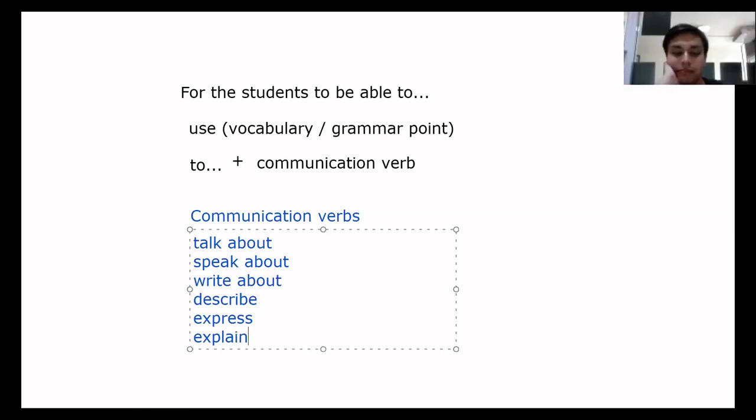Explain, yeah. Explain can be another. Okay, and so on. You don't need very many communication verbs. It is good to sort of vary them from lesson plan to lesson plan, but you don't need a whole load. Just a few will do. As I say, these are really the most common ones here.